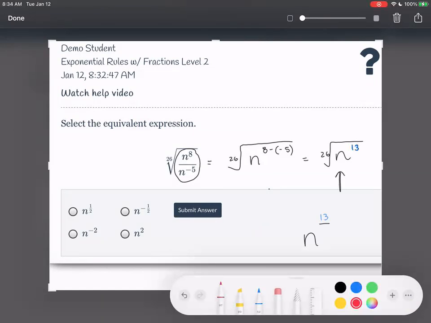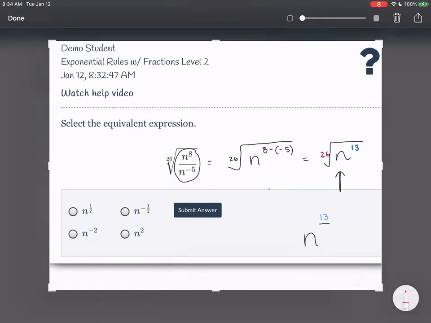And the denominator of the fraction in the exponent is going to be the radical number. So we have a 26th root, then it's going to be over 26. So it's n to the power of 13 over 26.